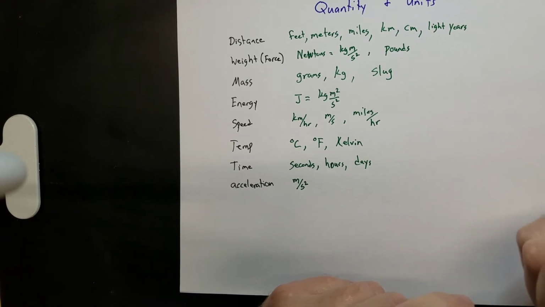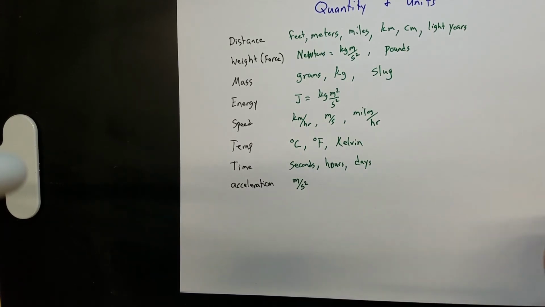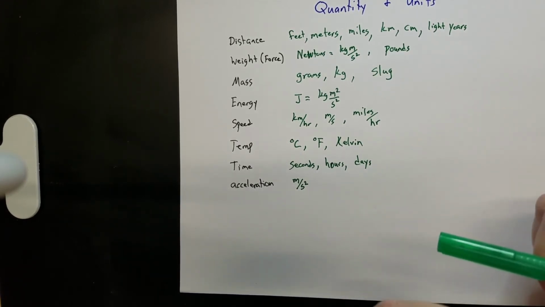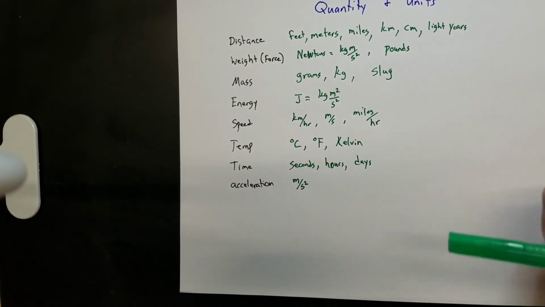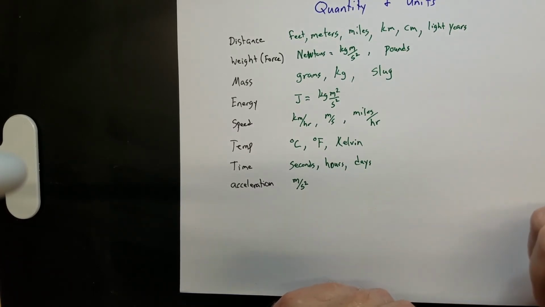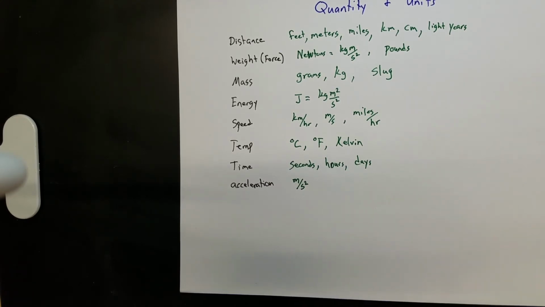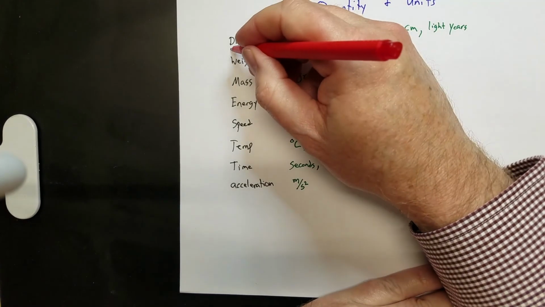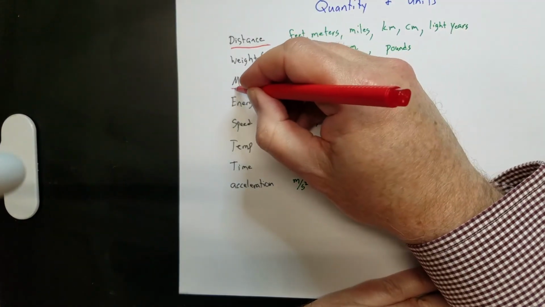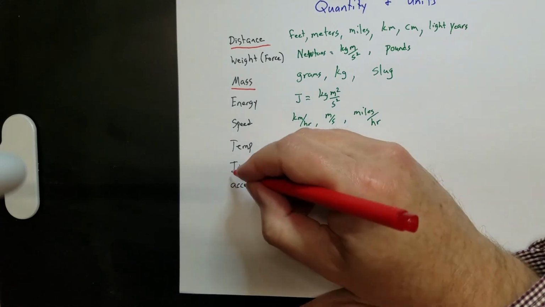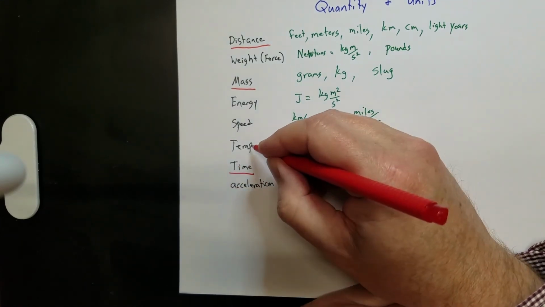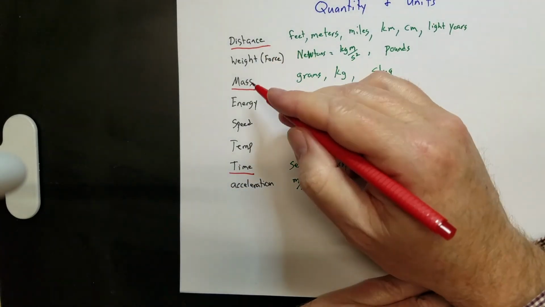A fundamental unit is the most basic. It's our standard unit. It can't be broken down to something smaller in most cases. And for this list, our fundamental quantities would be distance, mass, and time. We'll get back to temperature a little bit later, but distance, mass, and time.